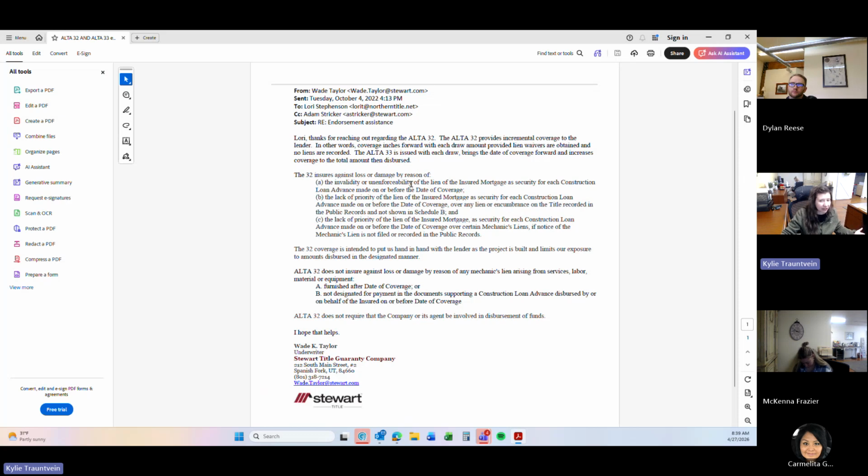That's standard for all lenders' policies. It also covers the lack of priority of the lien for any work that was paid for in a construction loan advance or a construction loan draw. So we're basically saying your loan for sure has priority over any work that you as the lender pay for in a draw.